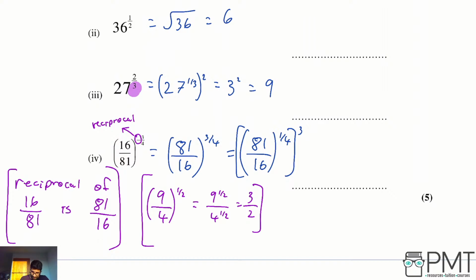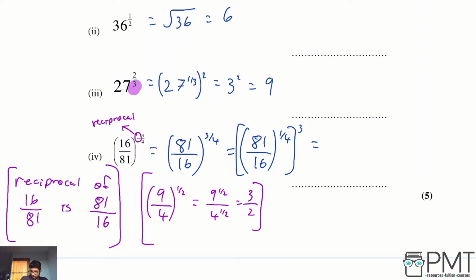Right, let's apply it here. What's the fourth root of 81? Okay, let's do this one. The fourth root of 81 is going to be 3. I think it's 3.